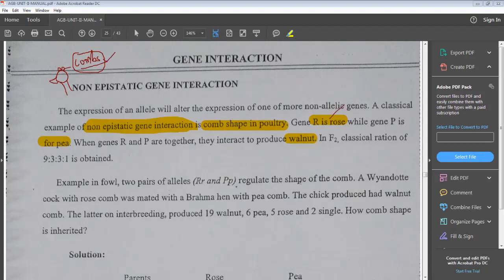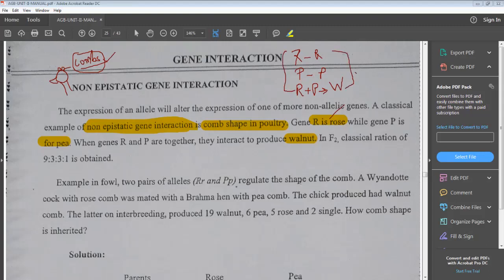R gene is for the rose comb, P is for the pea comb. When both R and P are present, they form the walnut comb.